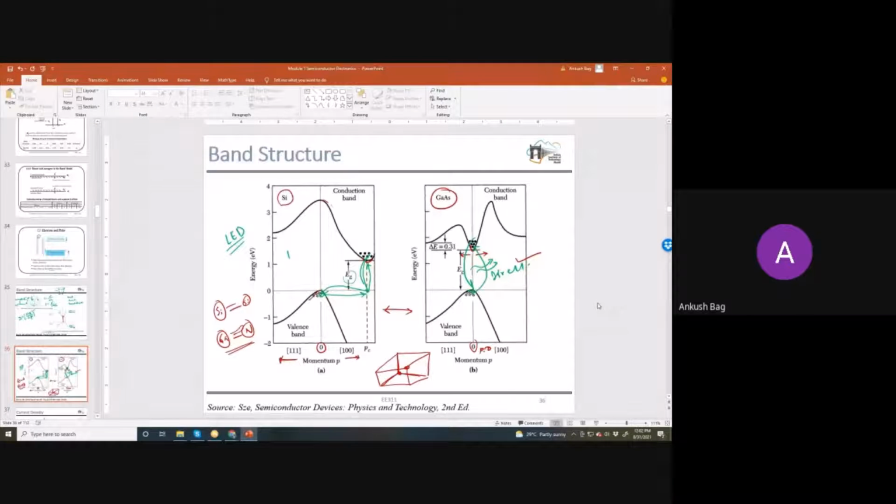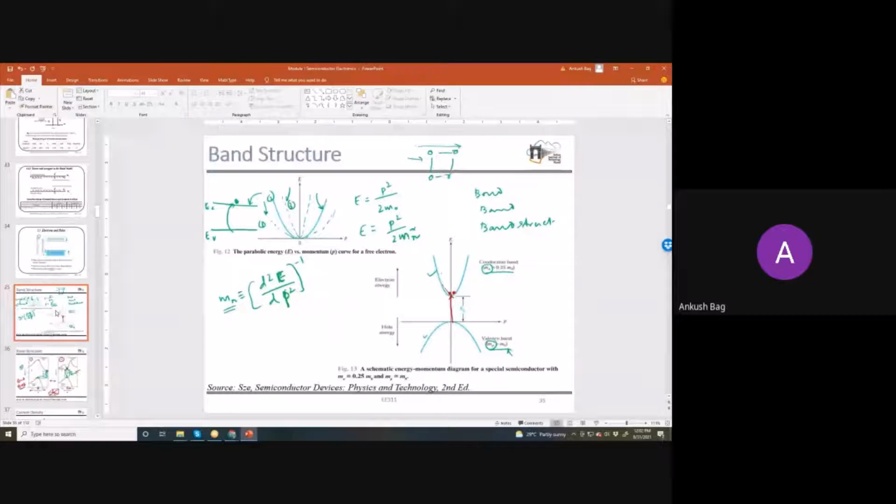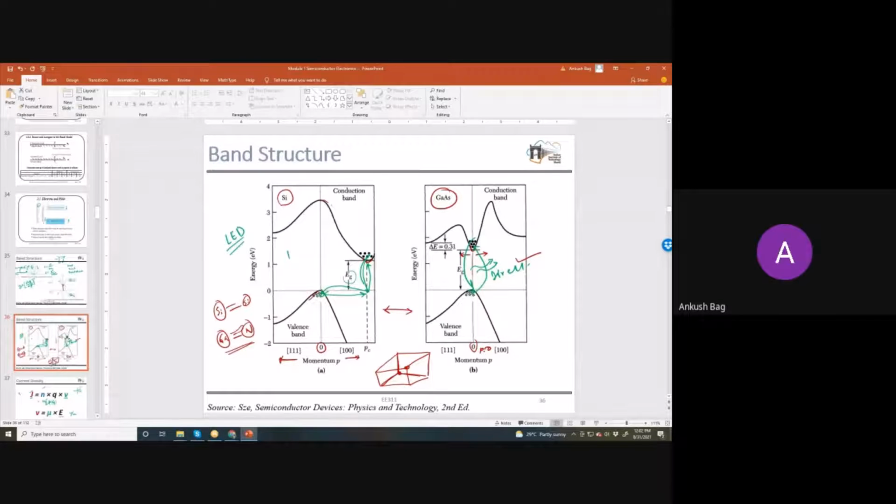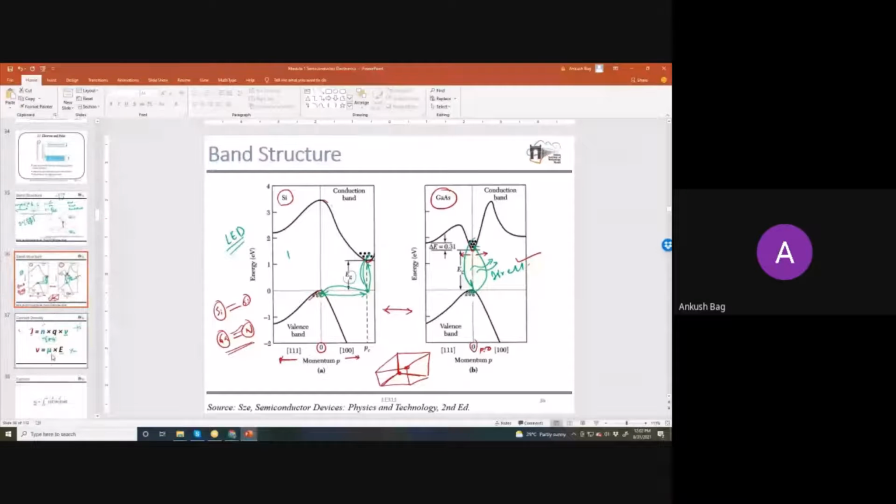We also saw what is a direct band gap semiconductor and what is an indirect band gap semiconductor, which decides which material will be suitable for optoelectronic devices such as LED.